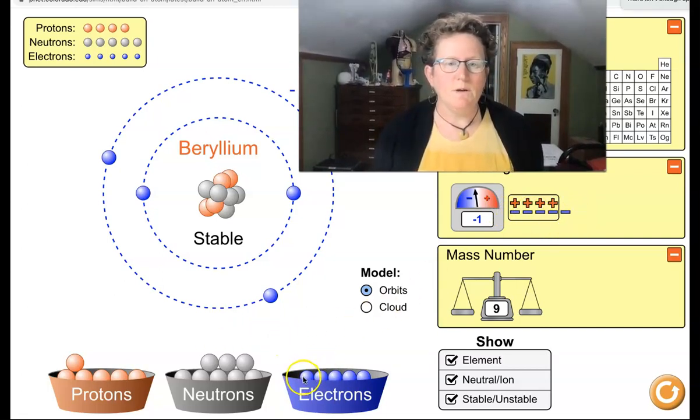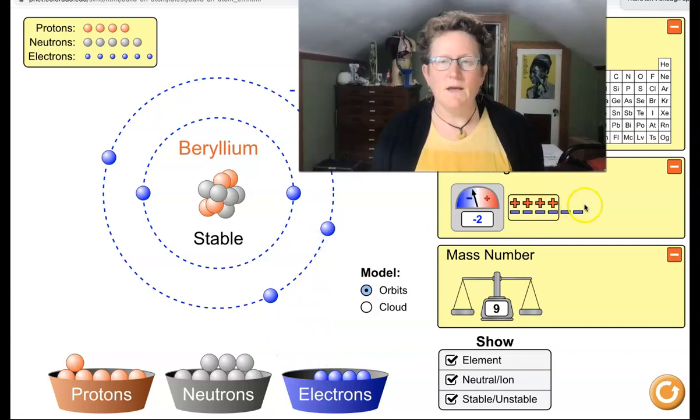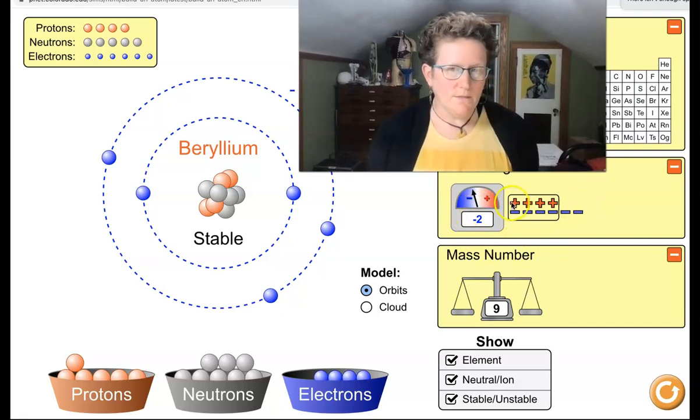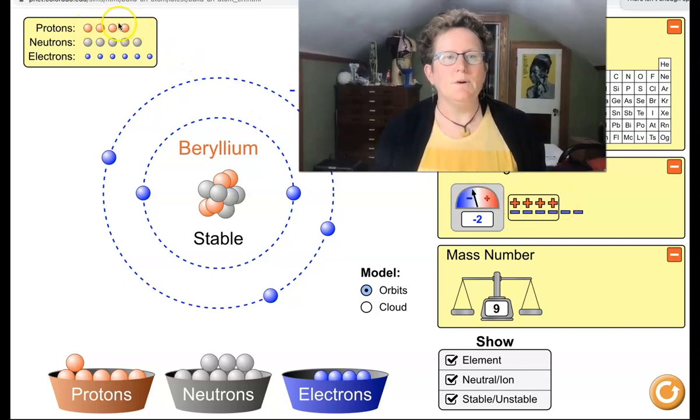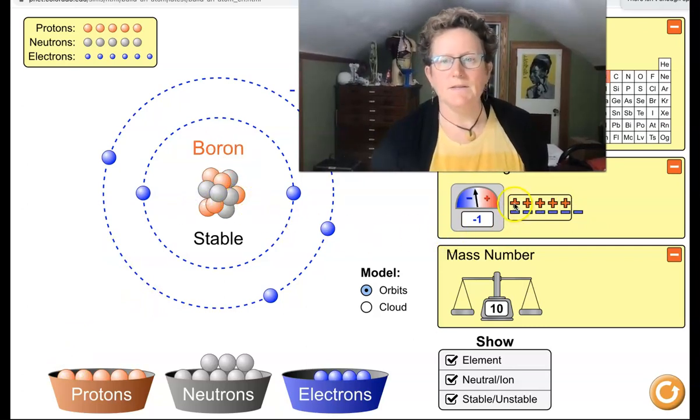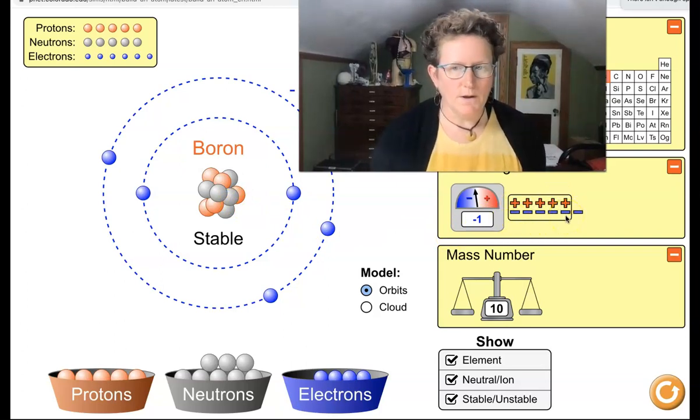If we put 1 more electron on there, we have another electron that doesn't have a proton partner, so we have a net charge of -2. Or another way to think of it is +4 for all the protons here, 4 protons, plus -6 for the 6 electrons equals -2. If we add another proton and make it a new element, if we make it boron, it's +5 plus -6 equals -1.